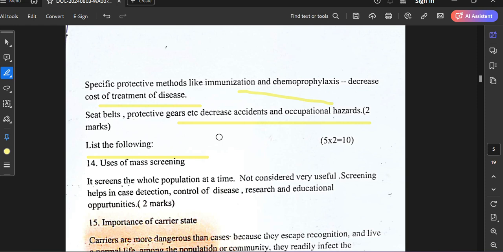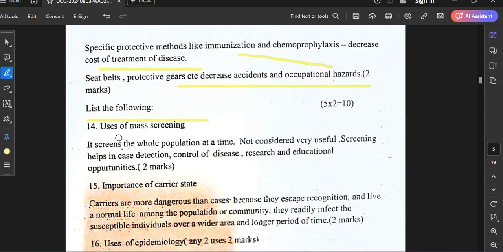Now, going on to list the following: uses of mass screening. There are different screening methods. The first one is the mass screening method. In mass screening, the whole population is screened at a time. It is not considered very useful, although screening helps in case detection, control of disease, research and educational opportunities. Mass screening is not very useful because we can't use very specific screening methods.